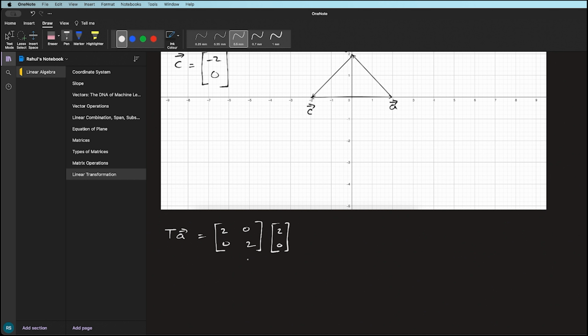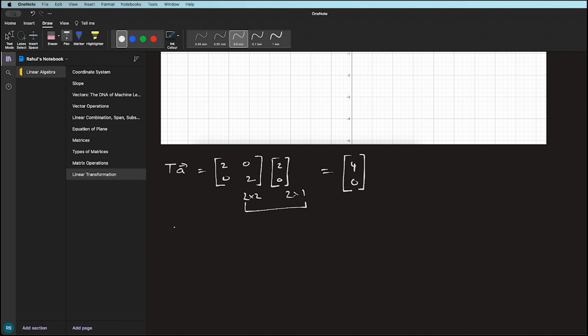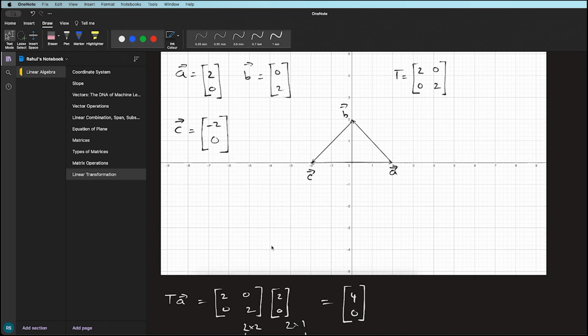The shape of this matrix is 2 cross 2, and here it is 2 cross 1, so the output will be 2 cross 1 only. So it will be 4, 0. Similarly, the transformation of vector B will be the matrix 2, 0, 0, 2 times vector B, which is 0, 2.